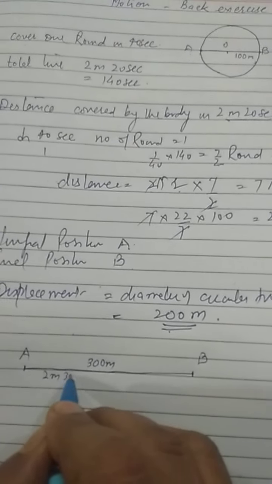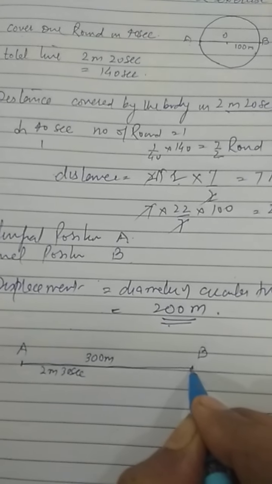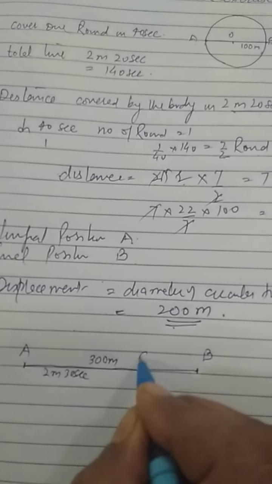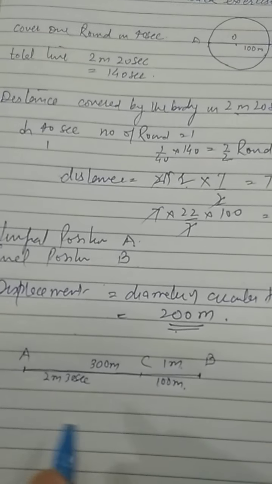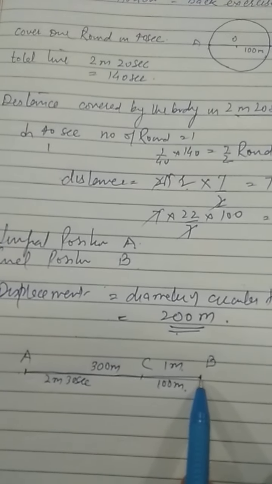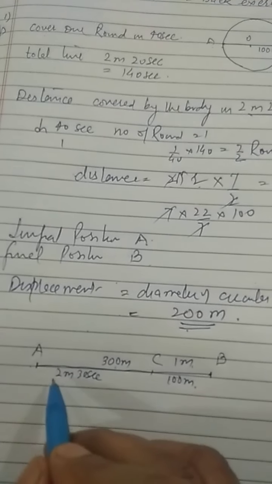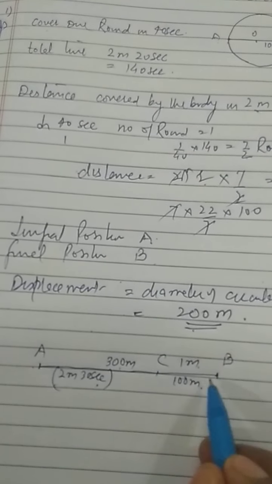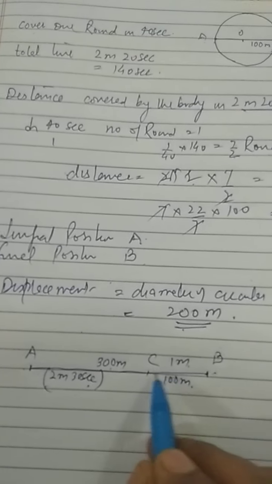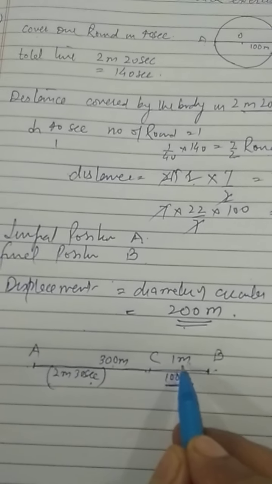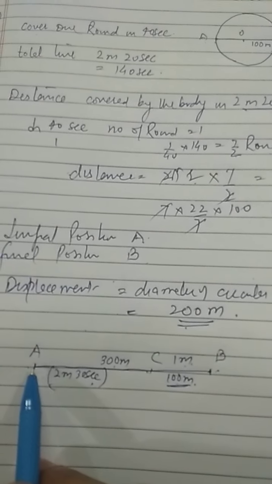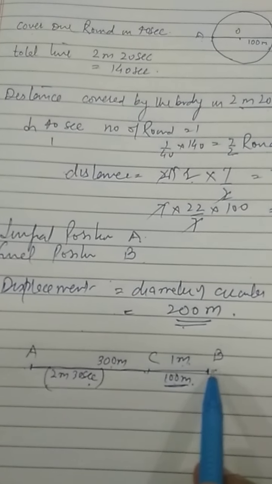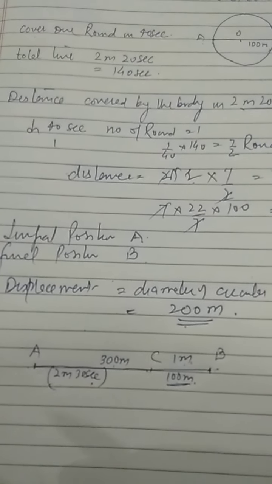And he again comes back to point C, which is 100 meter, in another 1 minute. So from B to C, another 100 meter in 1 minute. So we have to calculate the speed and velocity from A to B and from A to C.